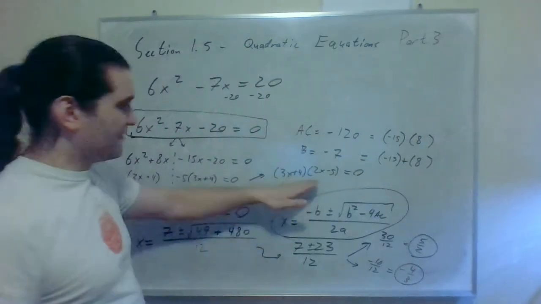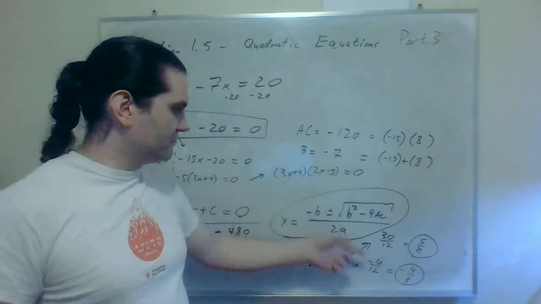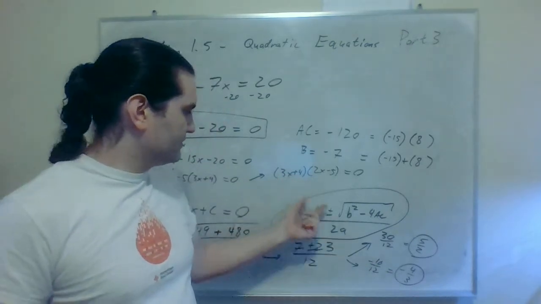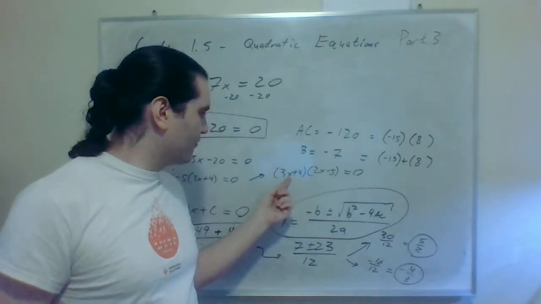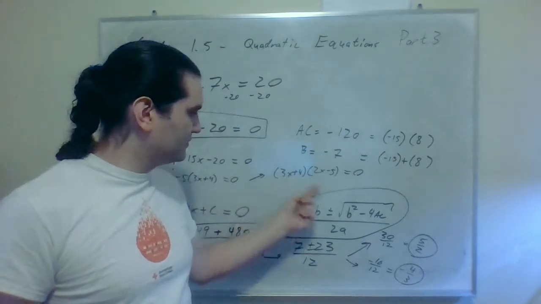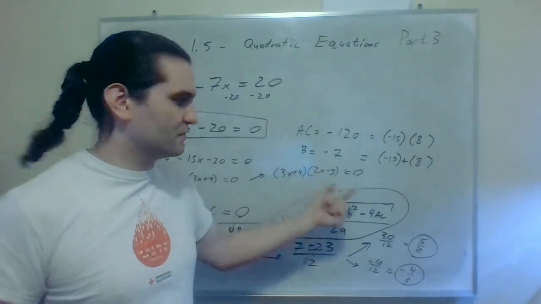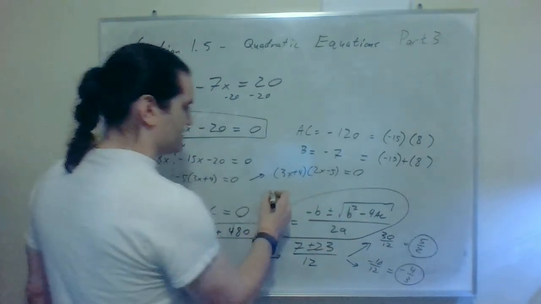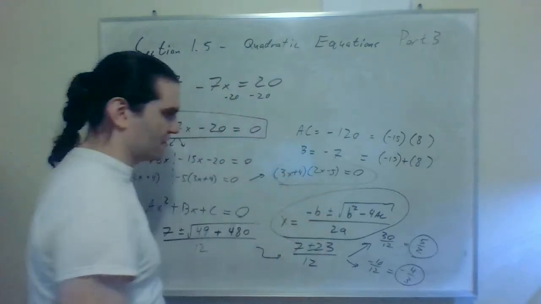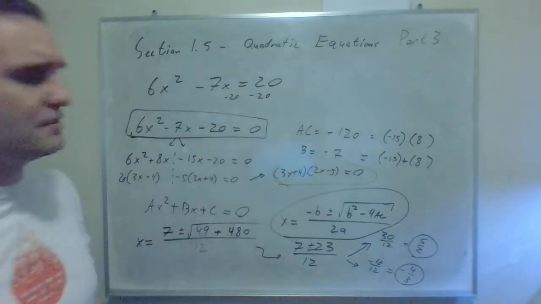So that's this thing factored and equaling 0, and hopefully you can tell that negative 4 thirds is what makes this piece equal 0, and 5 halves is what makes this piece equal 0. So we're getting the same answers either way. It's negative 4 thirds and 5 halves. This is a pretty extreme case.